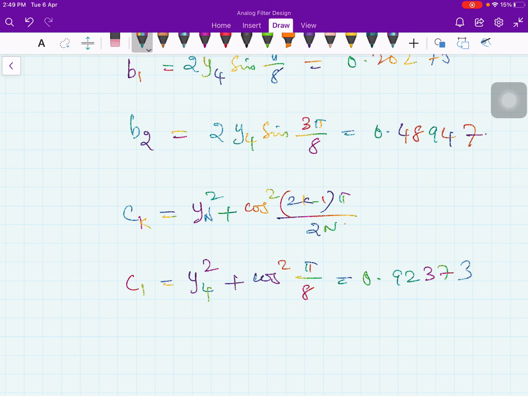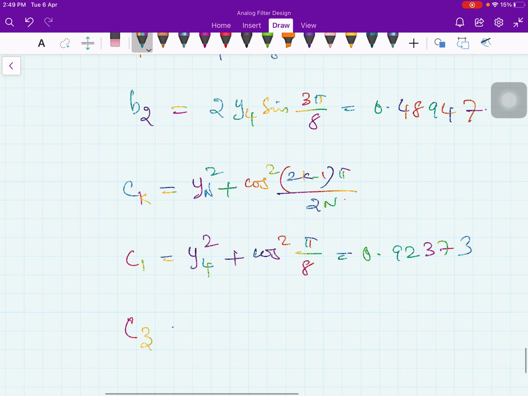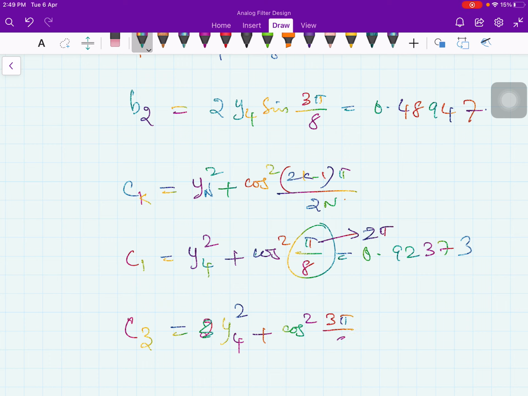It is no longer possible to keep them as fractions, unfortunately. C2 is equal to y4 squared plus cos squared, just add 2 pi in the numerator, so 3 pi by 8, so that comes as 0.21662. Please do verify these values.